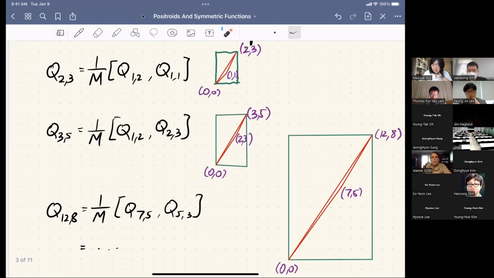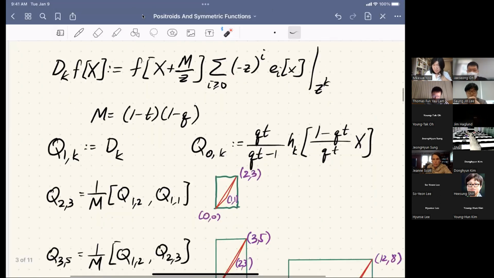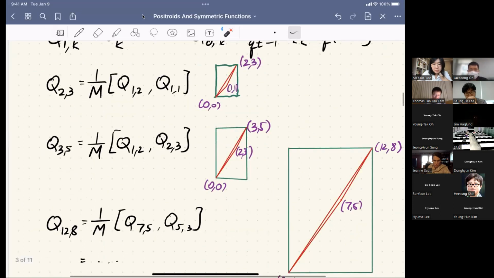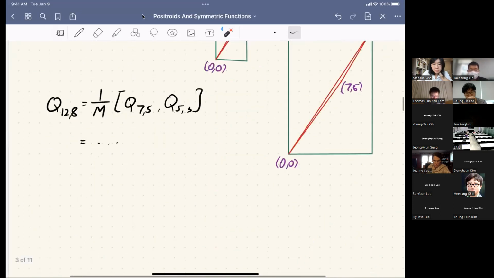Okay, so to summarize, elliptic Hall algebra operators are basically generated by these kinds of operators, which is a sort of vertex operator slash trapezoid kind of operation, together with a lot of commutators.